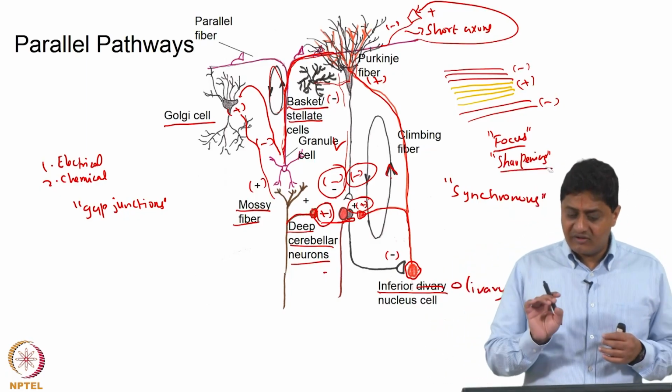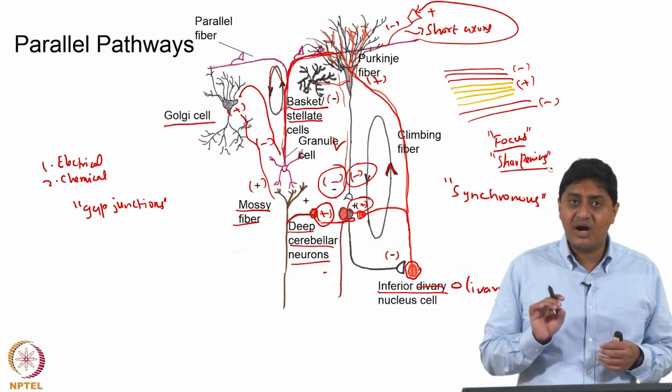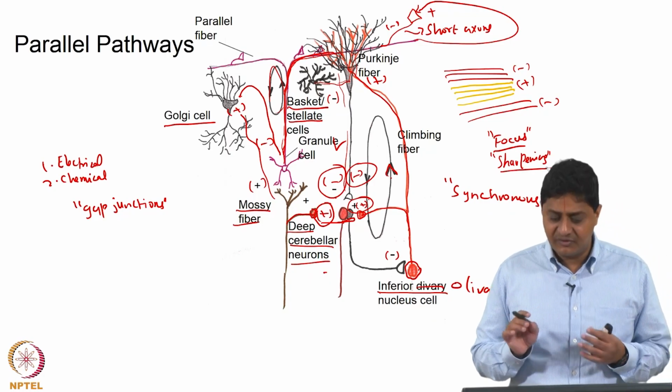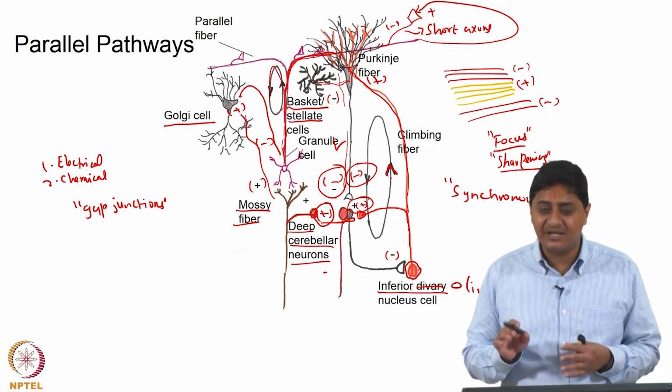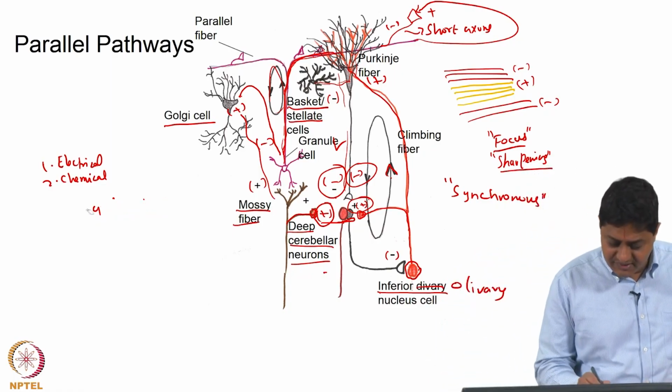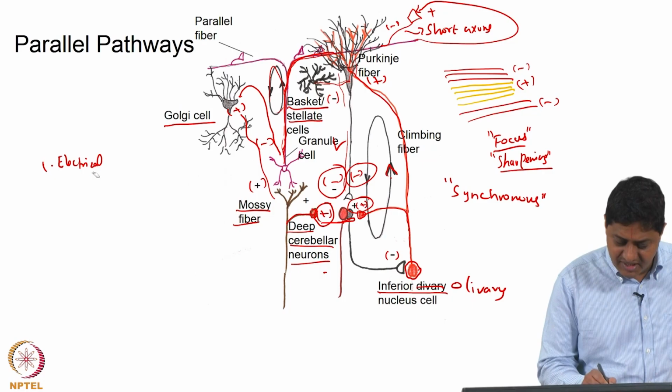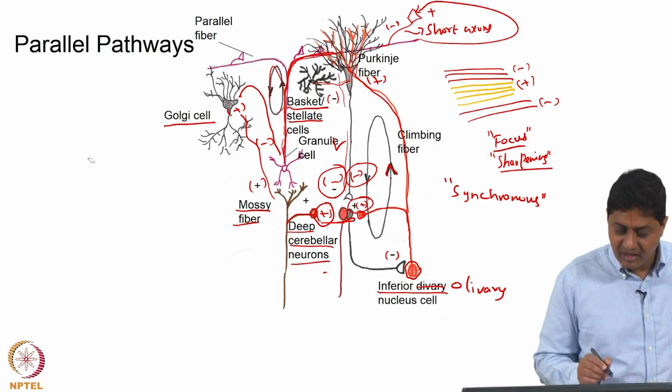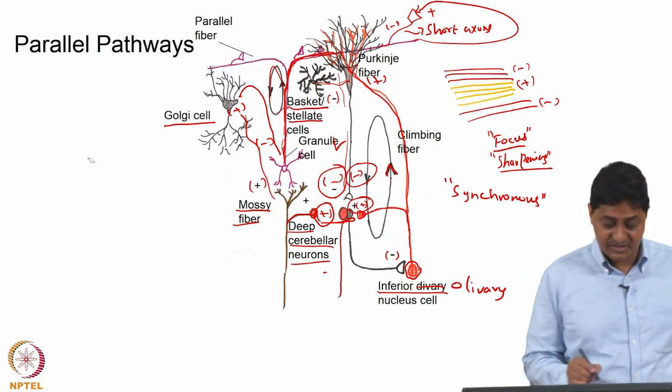And the output of the Purkinje cell is modulated by inhibitory information received from the stellate and basket cells. Okay, this is what we have discussed so far. And what else is there? What is the special nature of the climbing fiber and its output is something that we must discuss, right.